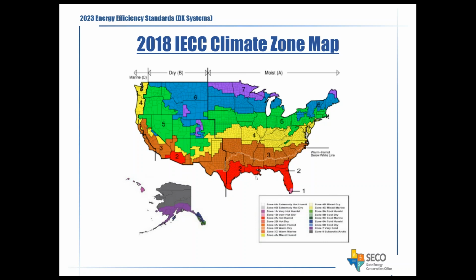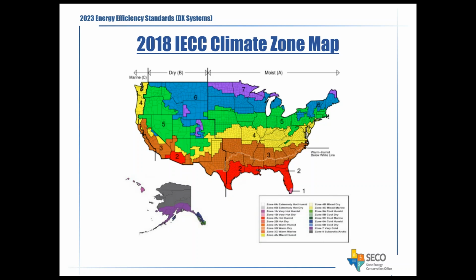If you go to your energy conservation code, these small little blocks are all counties. It's hard to tell which county you would be from this map, but they have a table in the IECC energy conservation code that has all the counties listed throughout the United States and what zone they are in.